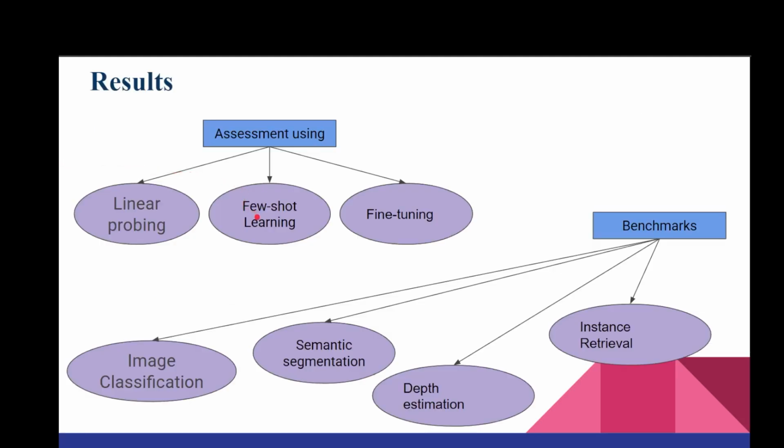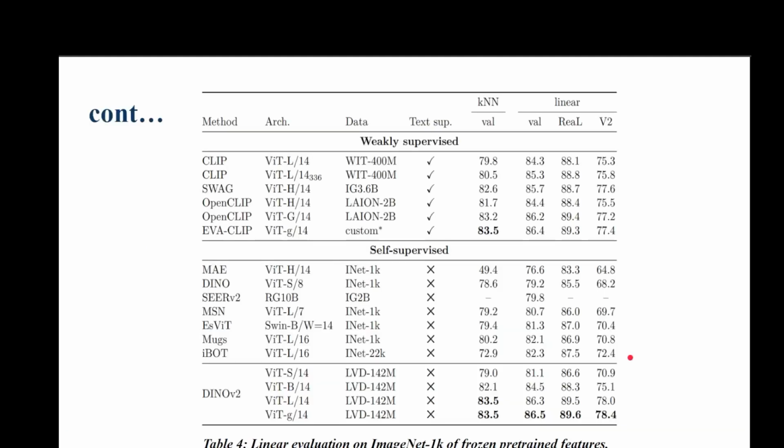Now, to assess the quality of the learned features, the authors used three evaluation methods: linear probing, few-shot learning, and fine-tuning. These tests are run across the standard vision tasks such as classification, semantic segmentation, depth estimation, and image retrieval.